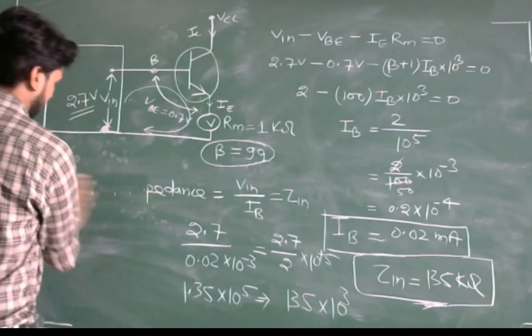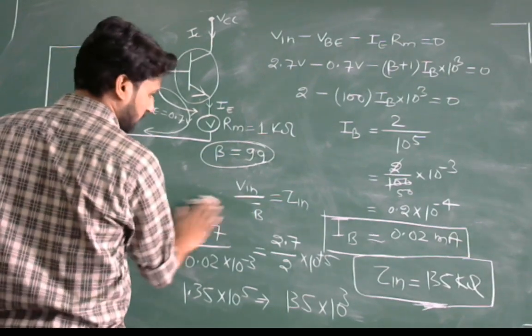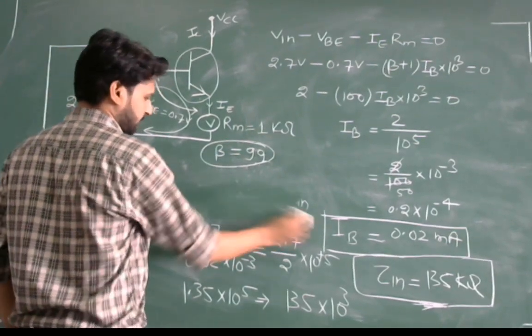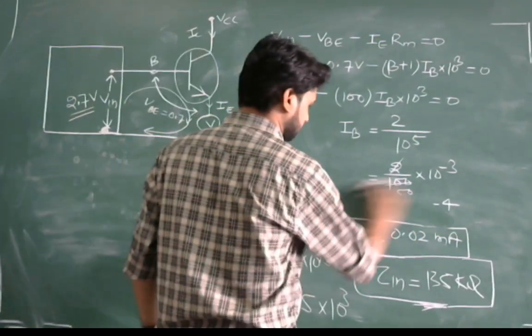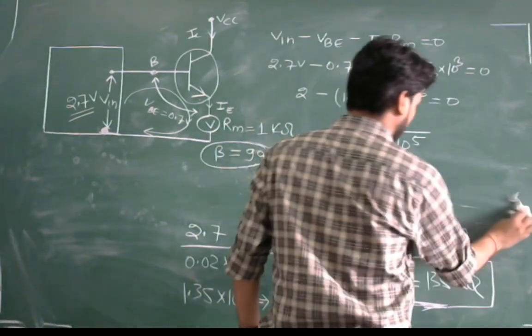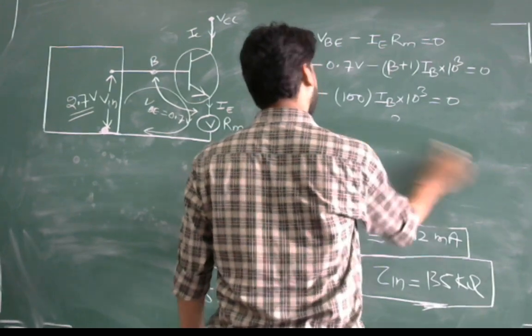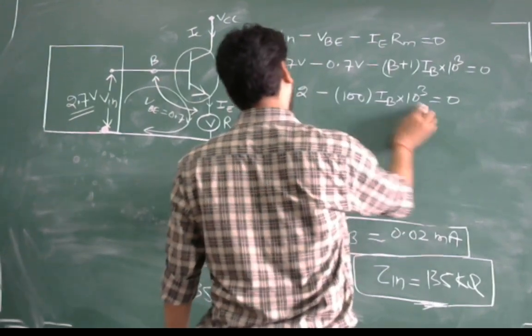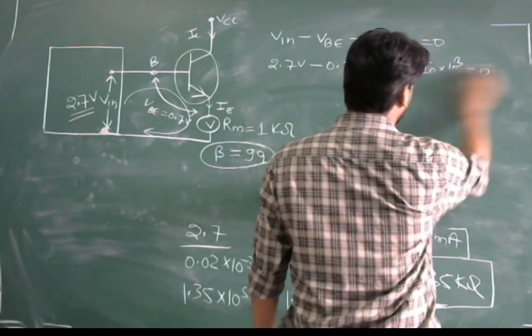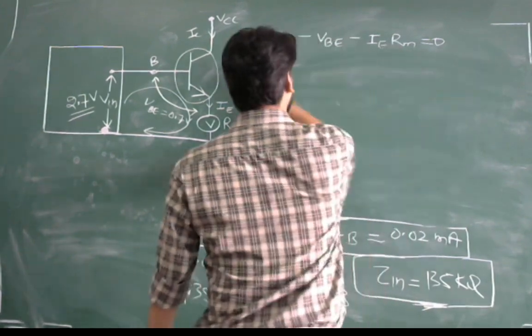Suppose the input voltage is 2.7 volt. What will be the voltage across the voltmeter in this case, that is, what will be the value of Vm?